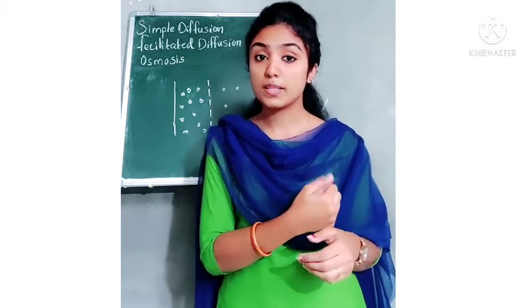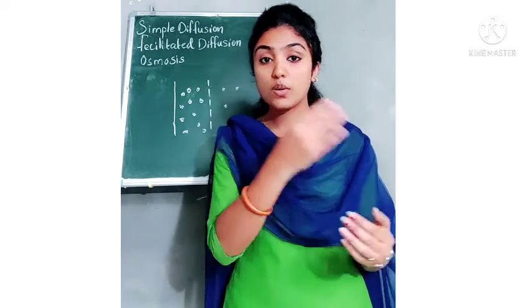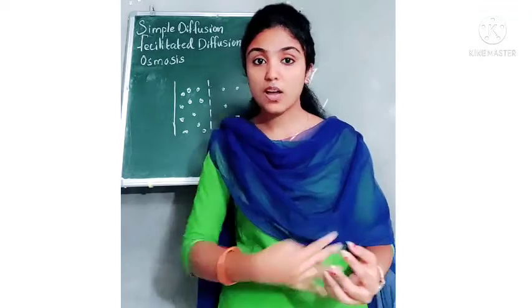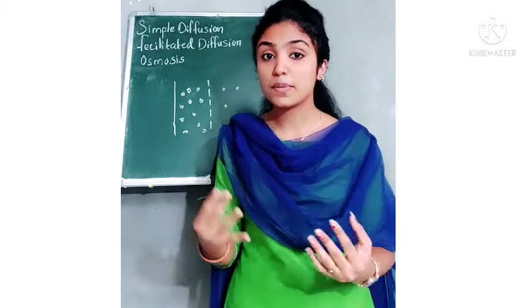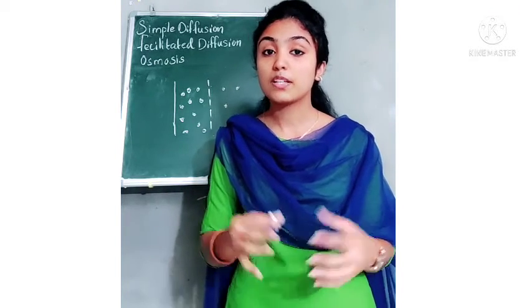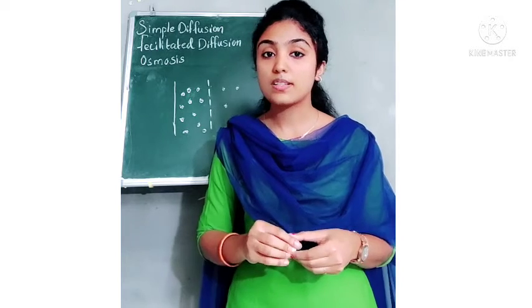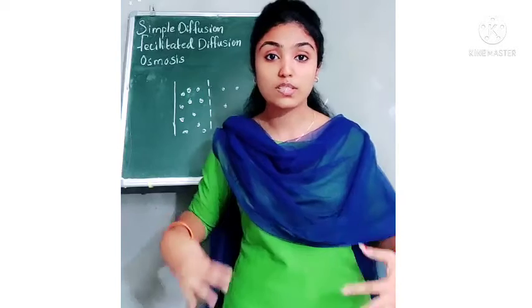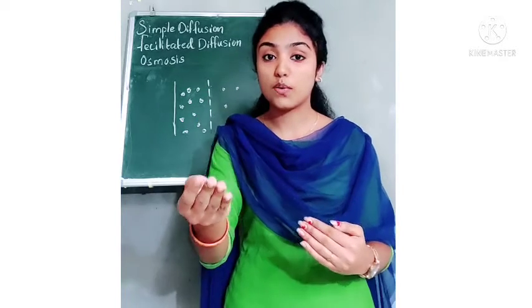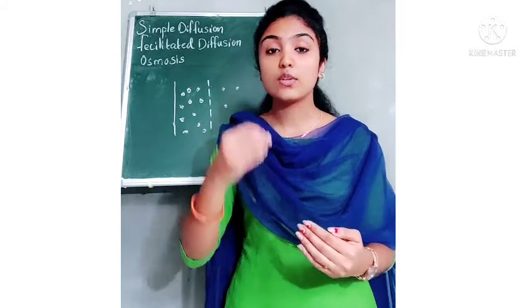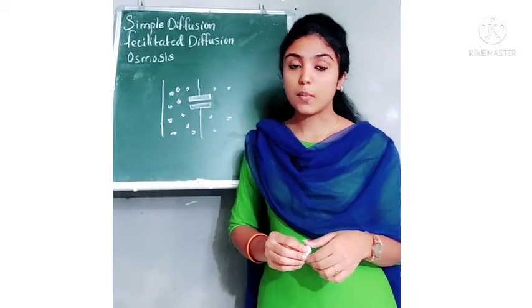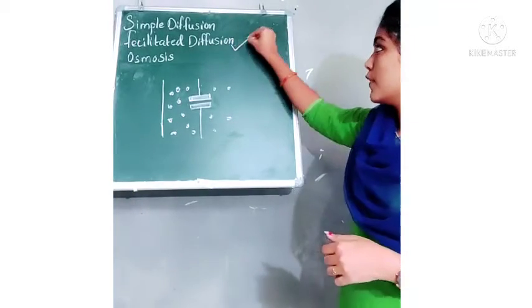If I put on a body spray, a high concentration of molecules will be just around me. After some time, diffusion takes place and the molecules of the perfume move from higher concentration to lower concentration, so that you get the smell of perfume. Now we shall discuss facilitated diffusion.